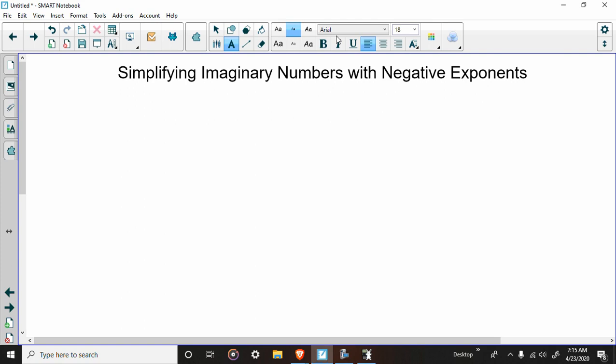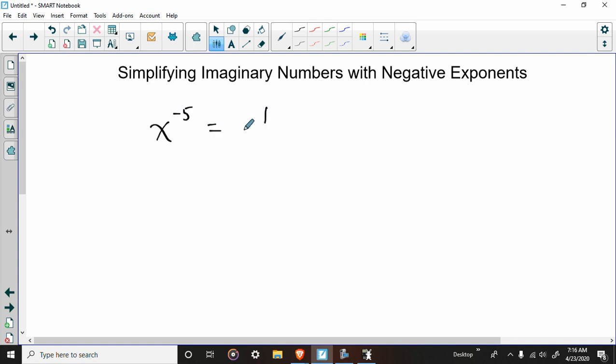Now, I gave you guys some review work with negative exponents, but just remember, whenever I raise a number to a negative exponent, all I really need to do is put it on the bottom of a fraction and turn the exponent positive.